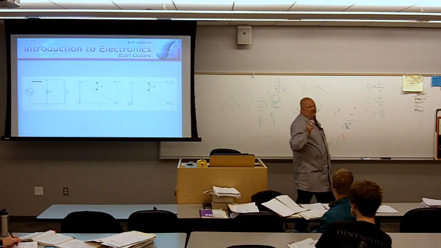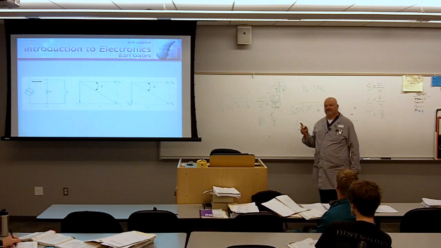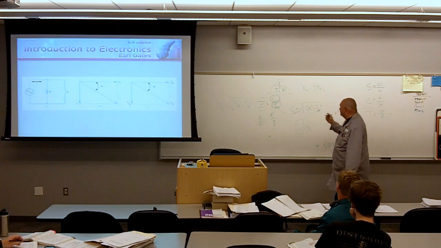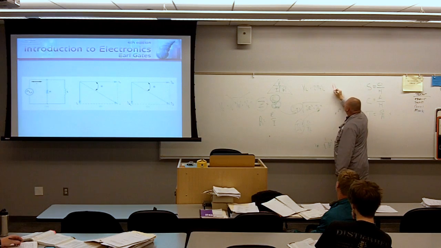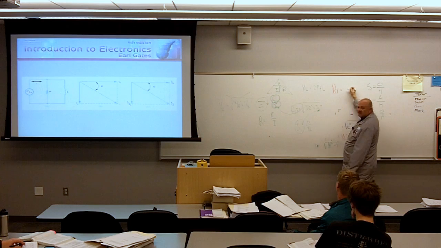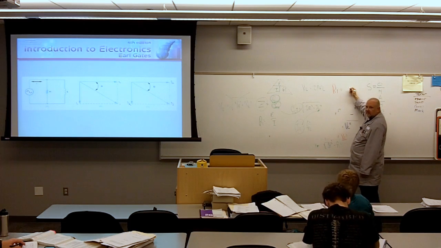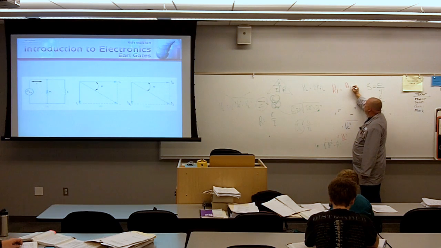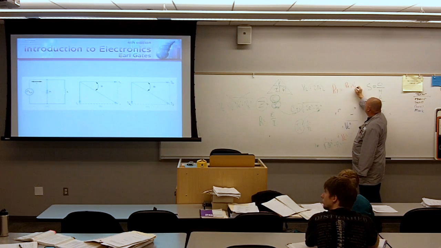Remember when I had two resistors in parallel with each other? Just two. What was that formula? RT is equal to? Product over the sum. R1 times R2 divided by R1 plus R2.